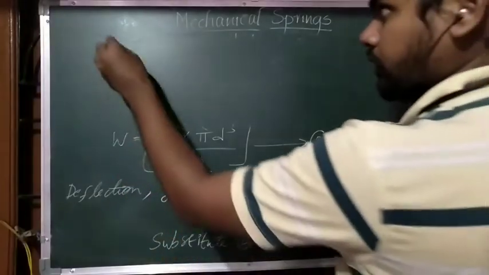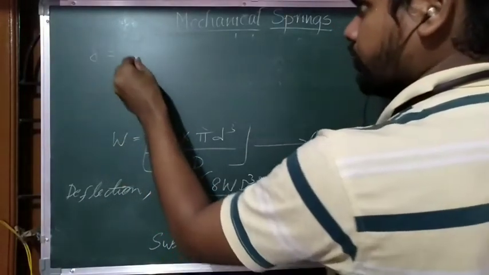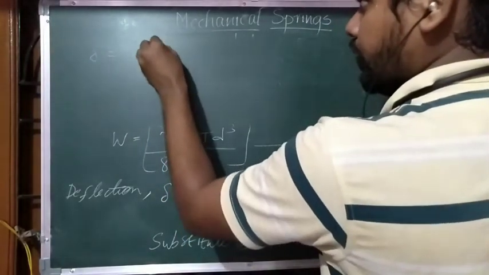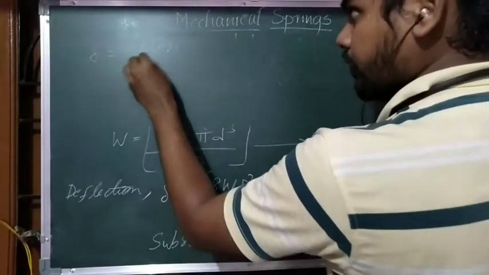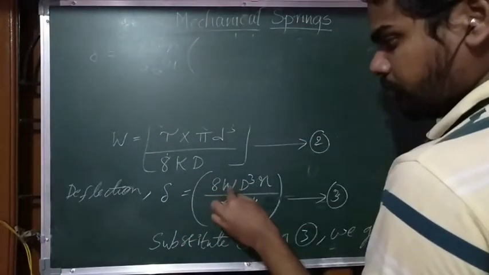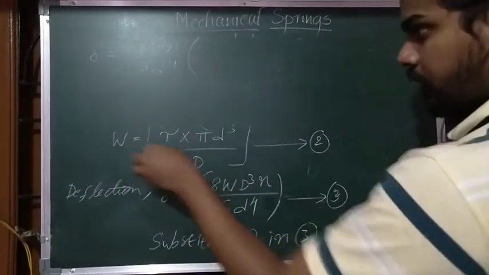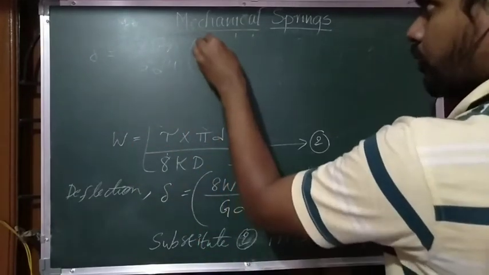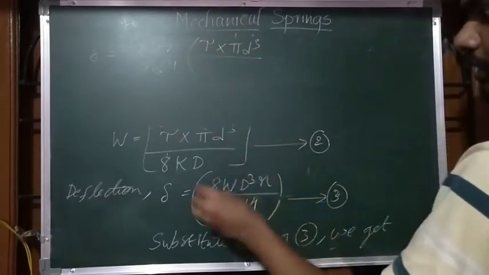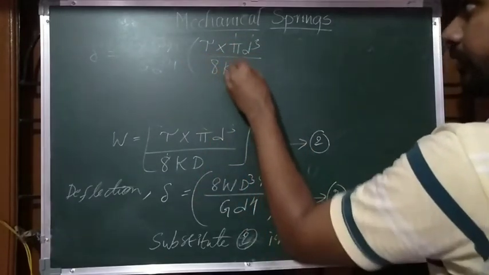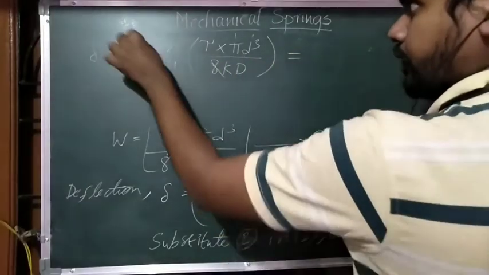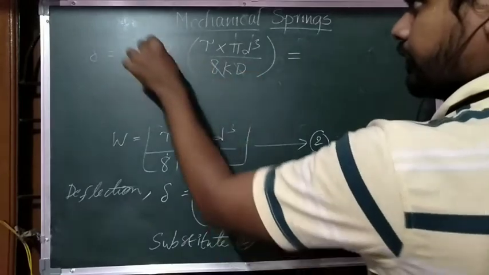Then delta is equal to 8 D cube n divided by G d power 4. Instead of W, substitute this term, tau into pi d cube divided by 8kD. Eight cancels and D cancels.